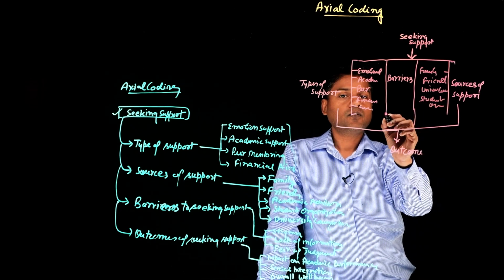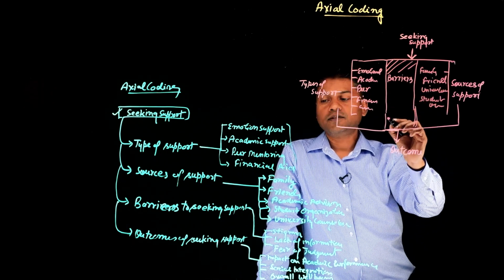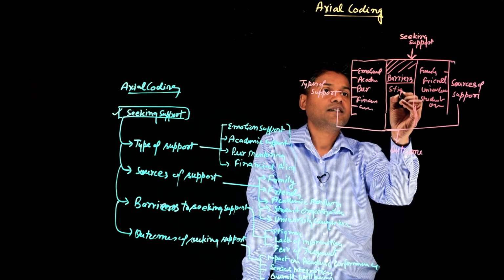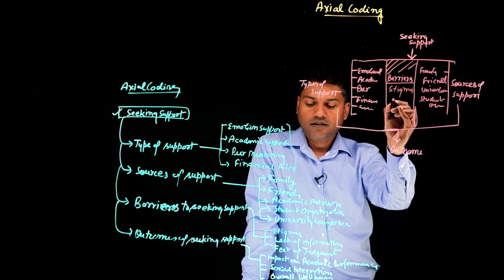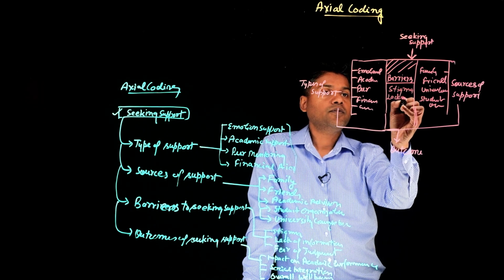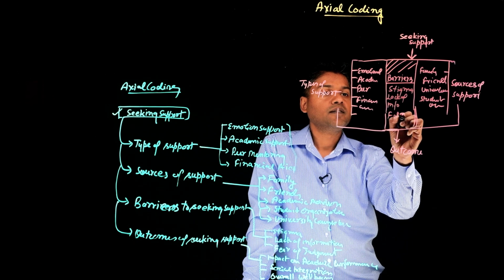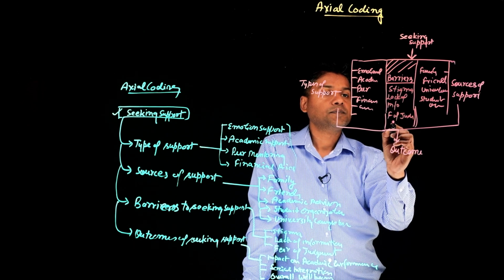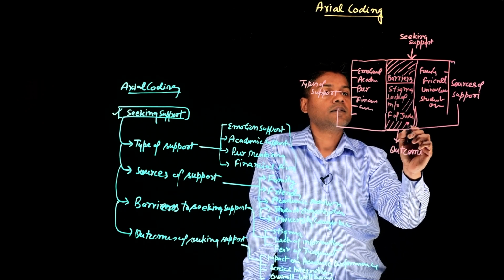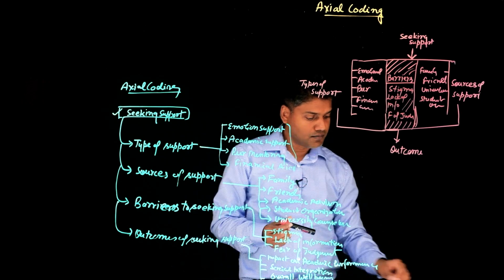So these are various. And in the middle, this is a barrier, which is stigma, fear of judgment, lack of information. These are the barriers. Should have used another color marker to make it more visible.